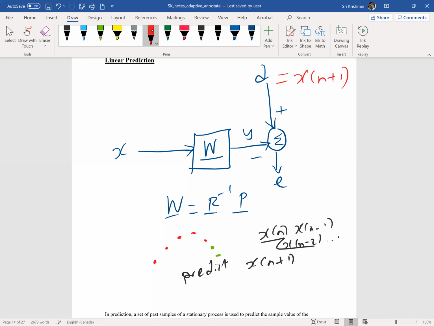I can do that because if x[n] is what's entering the filter, each time a sample enters, it does have m-1 past values, because this filter is an mth order filter. So x[n-1], x[n-2], all the way up to x[n-m+1] would be residing in the filter at each time instant.